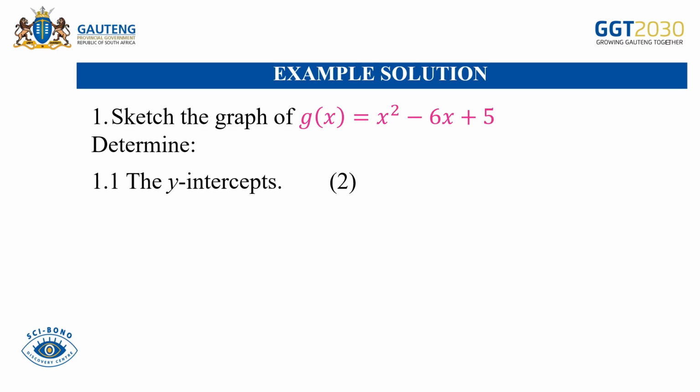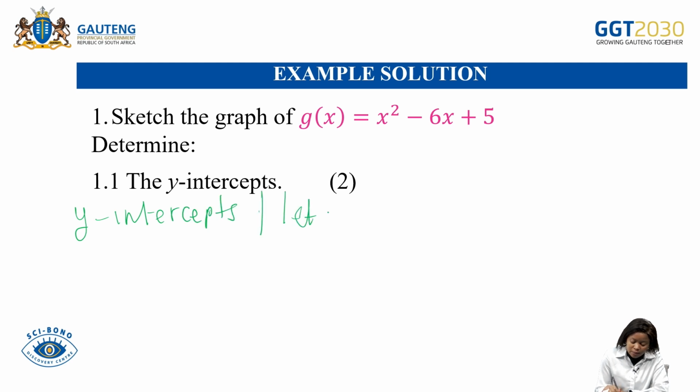Okay, your 1 minute is up. So for you to find the y-intercept, we say let x be equal to 0, right? So it means in this equation, in our g of x, where I see x, I am going to substitute a 0, or I'm going to replace it with 0.